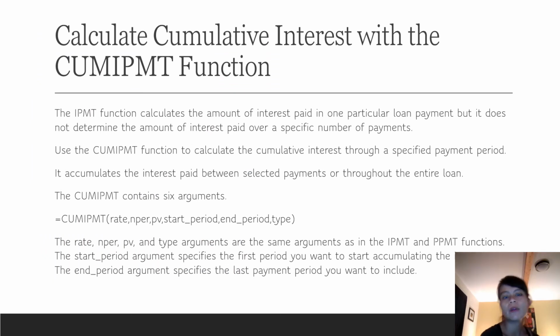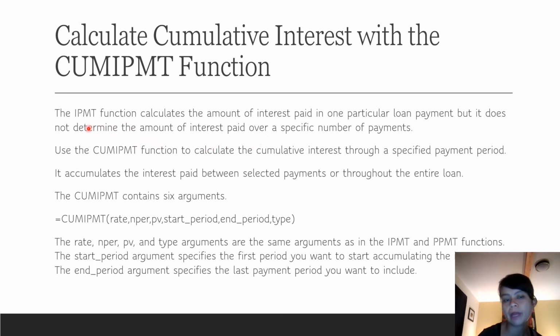All right, next, and I think this is the final thing we're doing in this PowerPoint video, is to calculate the cumulative interest with the CUMIPMT function. The IPMT function calculates the amount of interest paid in one particular loan payment, but it doesn't determine the amount of interest paid over a specific number of payments.